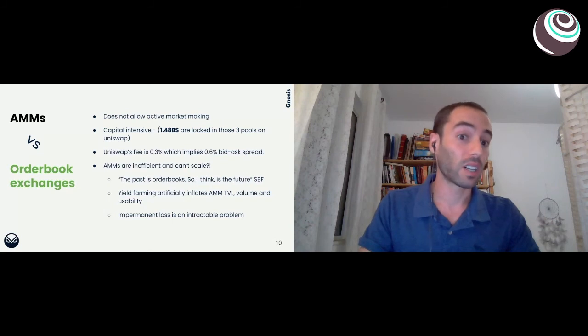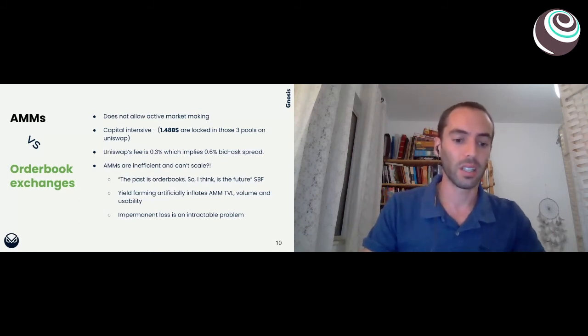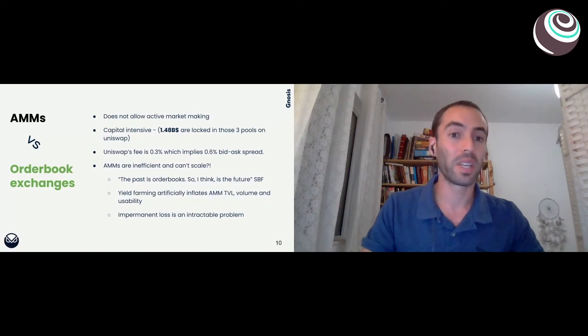So AMMs are capital intensive. If you remember the example I gave in the first slide, where the market depth of Uniswap is very liquid compared to order book exchanges, this comes at the cost of $1.5 billion locked in those 3 pools.